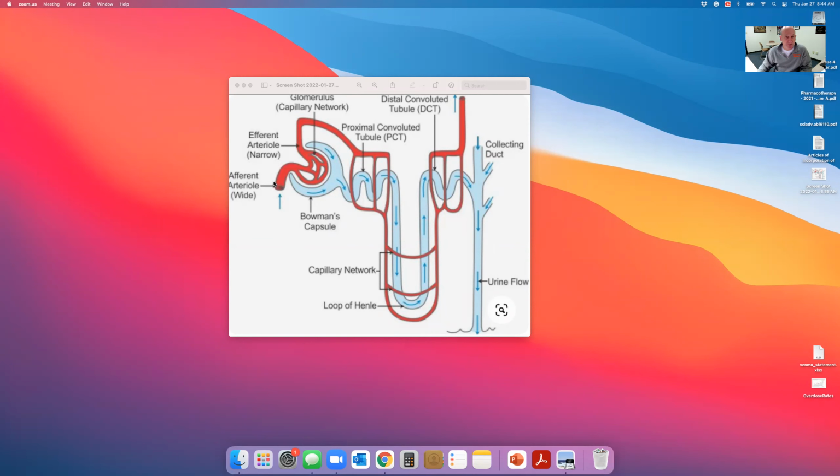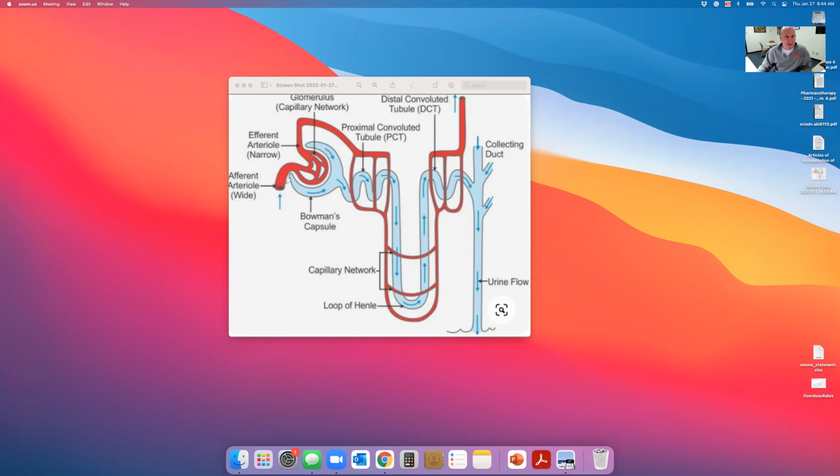So when we inhibit those prostaglandins, we're actually going to see a vasoconstriction here at the afferent renal arterial. Okay, so that means that when this gets constricted right here, pressure in this area in the glomerulus is going to go down. So pressure will go down, which means filtration is going to go down.